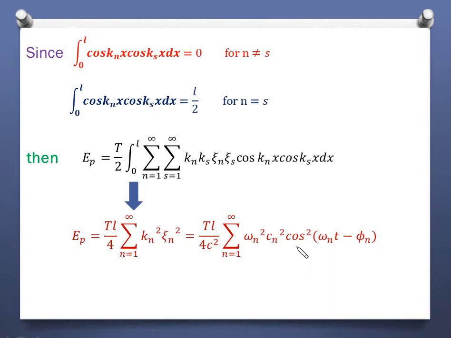Now we know C is root over T over M. So C square equals T over M. So if you substitute that value, what you will get is that this TL over C square is nothing but M. Okay, T over C square is small m into L is capital M. So M over 4.